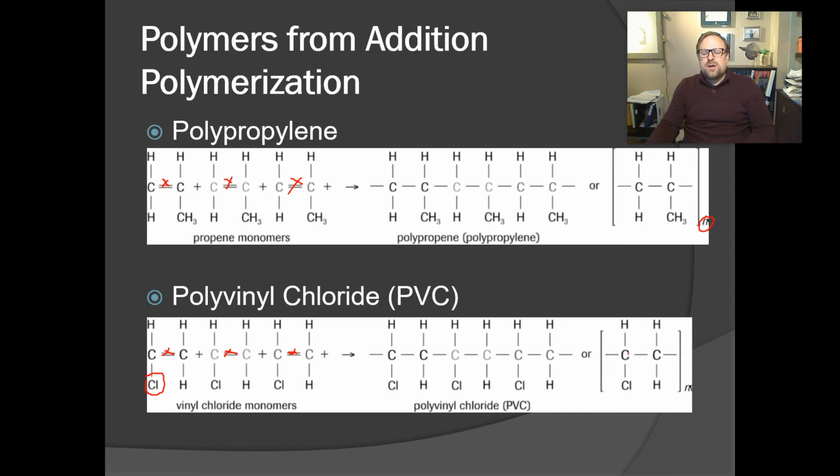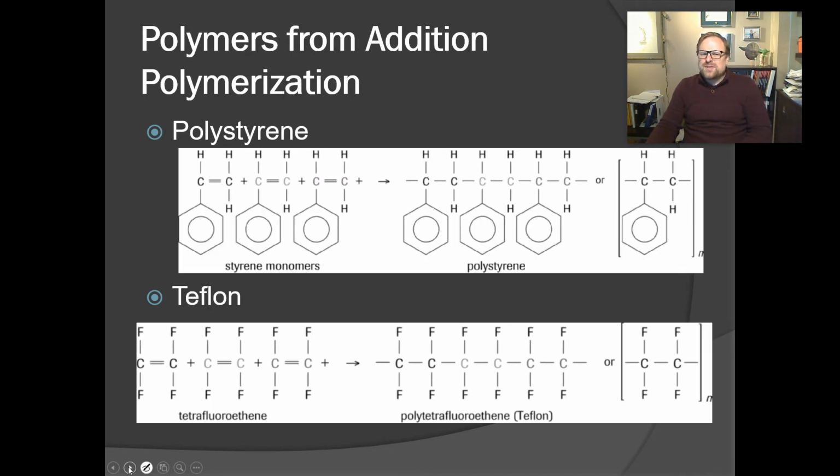So this is our CC with our chlorine on it, making our polyvinyl chloride, or for us it would be polychloroethene if we wanted to use technical IUPAC terminology. So I hope that kind of makes sense.